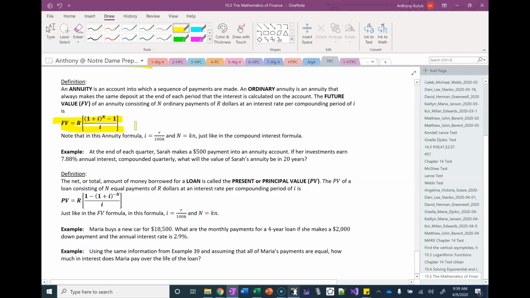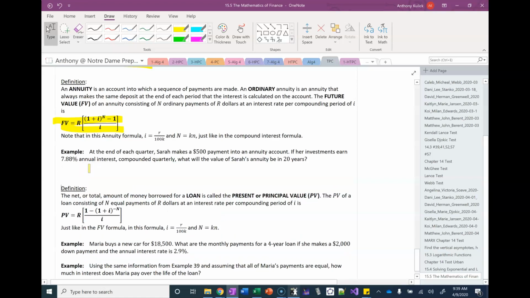Note in this annuity formula that I is equal to R divided by 100K, and capital N is equal to Kn. Just like the compound interest formula, we use these other symbols to make it a little cleaner.